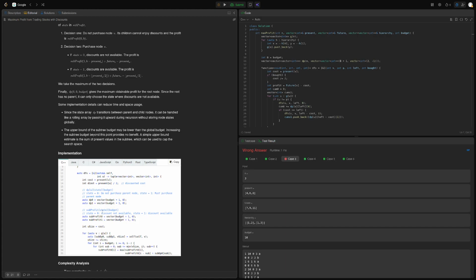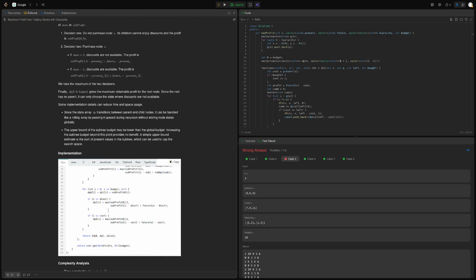Oh my god. State 0, we did not purchase. The parent node did not purchase. Well, then it's either sub profit 0, which we didn't.